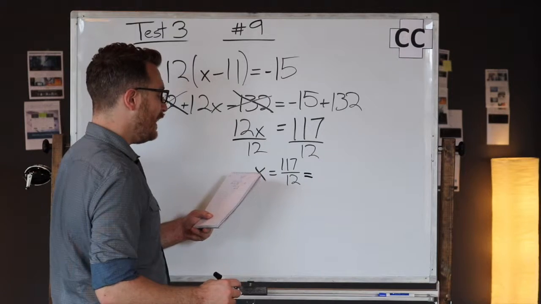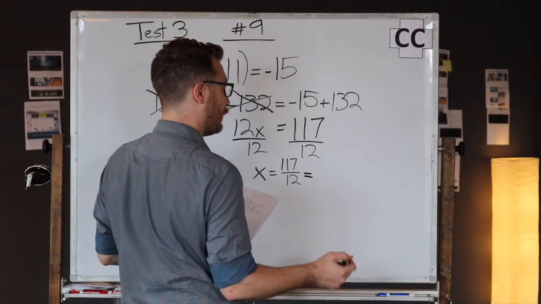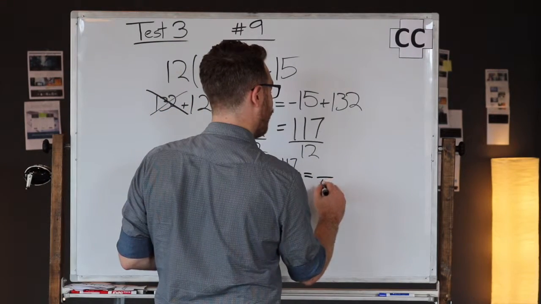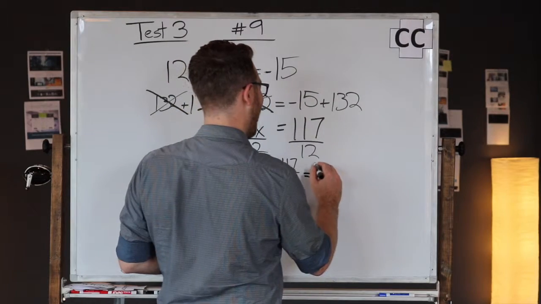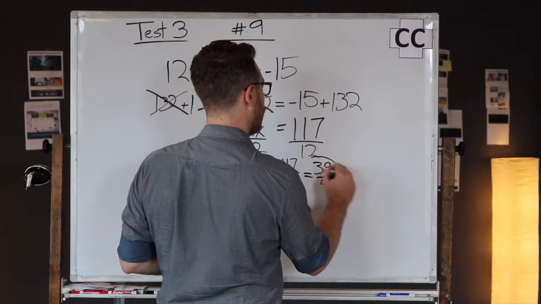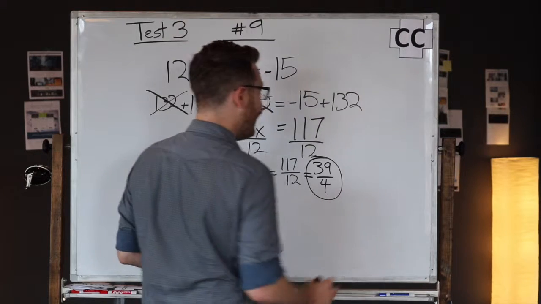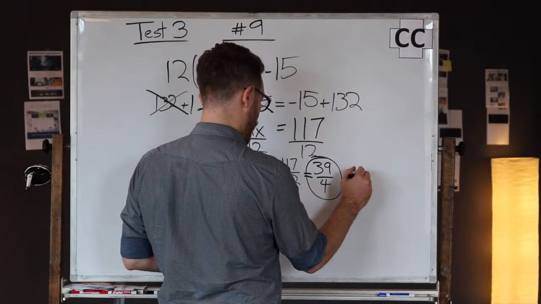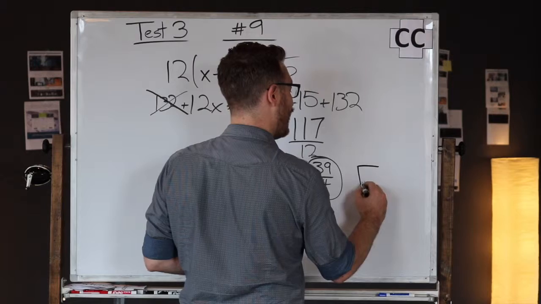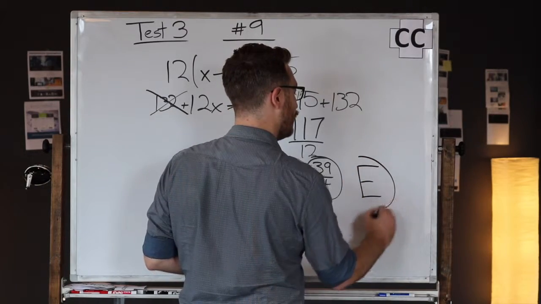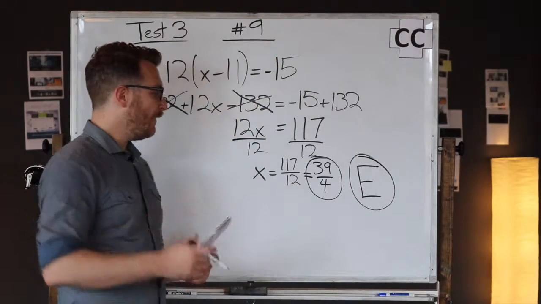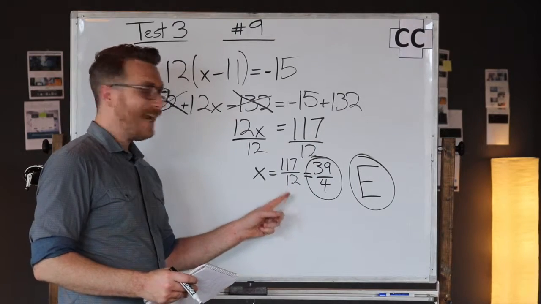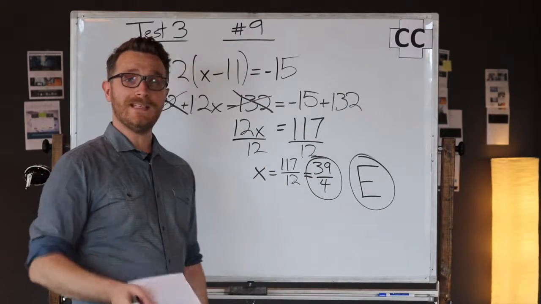You will find if you divide both of these by 3, you will end up with 4 as your denominator and 39 as your numerator. You get 39 over 4, and that is the correct answer. Letter answer, E.